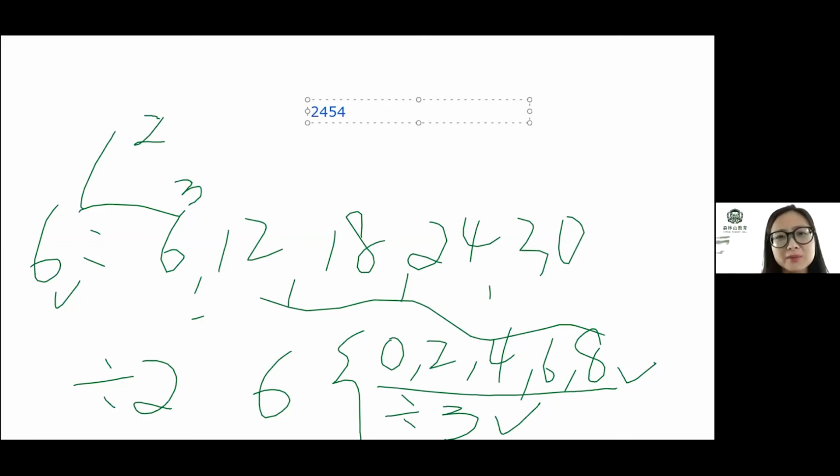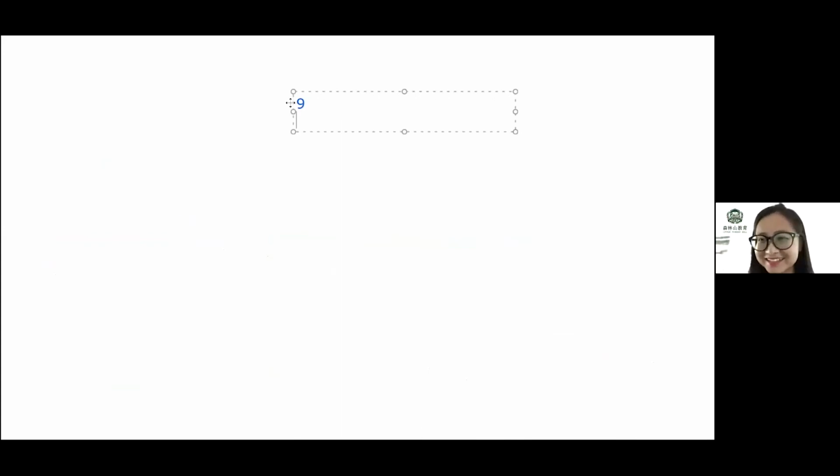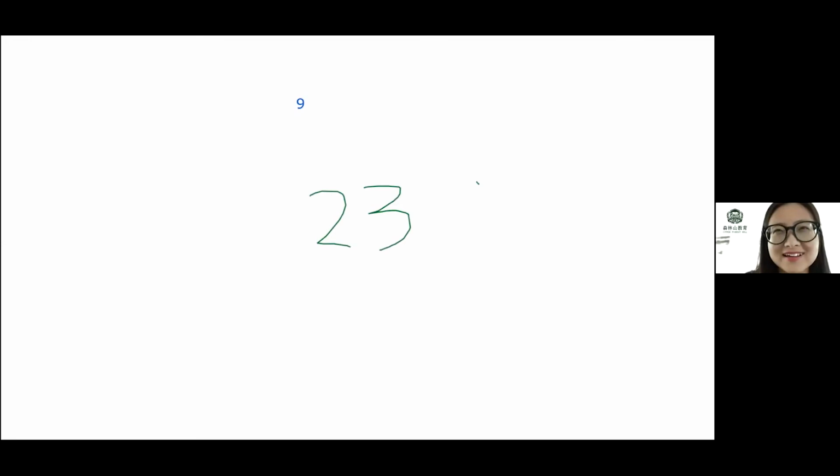Okay, last two. What about the rule for 9? Okay, Brian, tell me. The sum of the digits has to be divisible by 9. Oh, very good, Mia. Bowen, very good. For example, 2, 3, 0, and then 4.